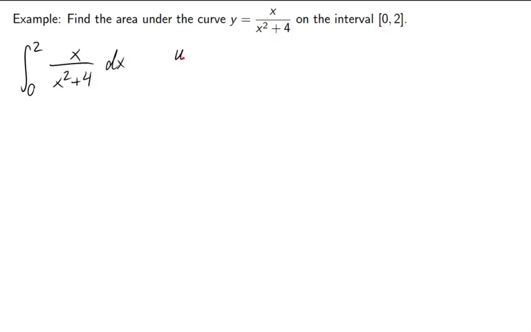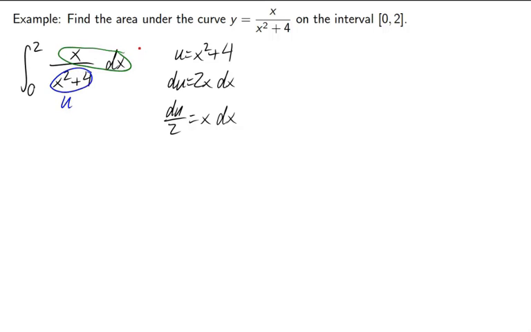Let's use a u-substitution. So we got u equals x squared plus 4, so du equals 2x dx, and I'll divide by 2 since I don't have a 2x. I get a u, and I get x dx becomes du over 2. And I need to change my limits, so I'll tackle that in just a second.